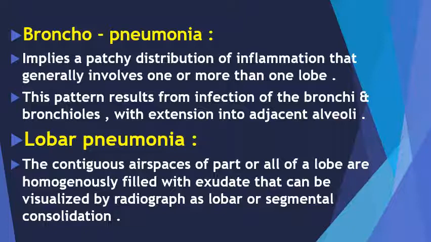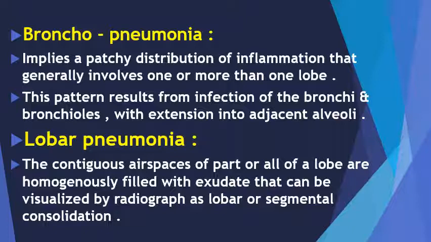Lobar pneumonia is different because it is confined to the lobe. The contiguous airspaces of part of the lobe, or all of the lobe, are homogeneously filled with exudate. It's not like bronchopneumonia, in which there is patchy consolidation.